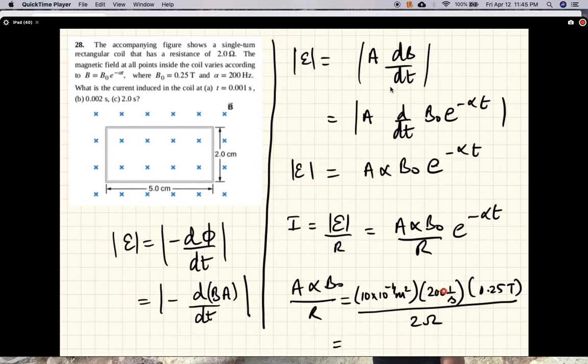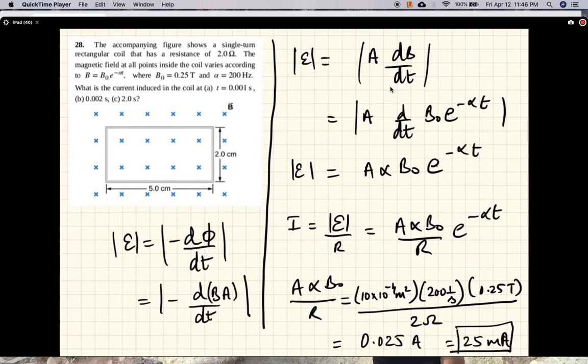The 2 cancel, that gives you 100. 100 times 10 is 1000, and that's 10 to the minus 4, so this gives you 10 to the minus 1 times 0.25, which is 0.025 amps, equal to 25 milliamps. So that's what this factor is.